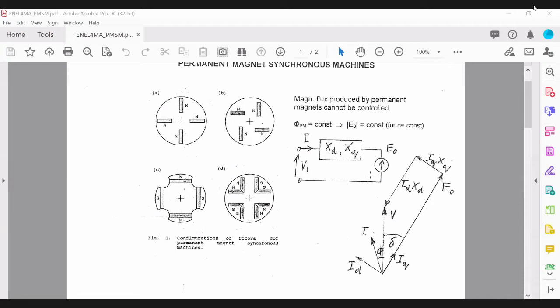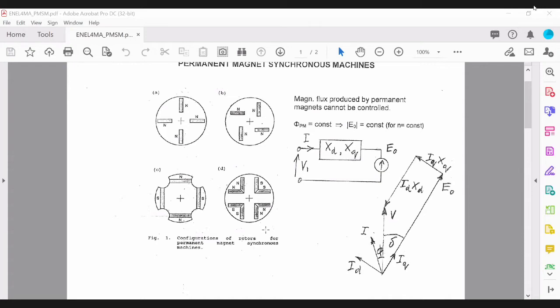So if you look at the equivalent circuit, it looks the same. For example, for this permanent magnet synchronous motor, if it's a salient pole, you'll have your D and Q axis reactances, and that will be your terminal voltage, and this one will be the induced voltage due to the permanent magnets on the rotors, right?